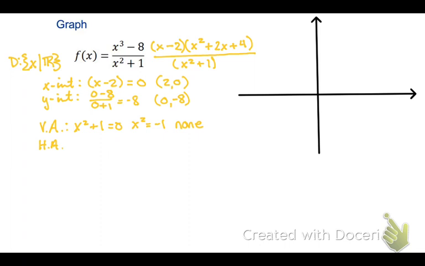The degree of the numerator is 3, the denominator is 2, so 3 is greater than 2, so the answer is none there, right? But there is a slant. How do I find a slant? Long division. Remember to fill in your zeros.